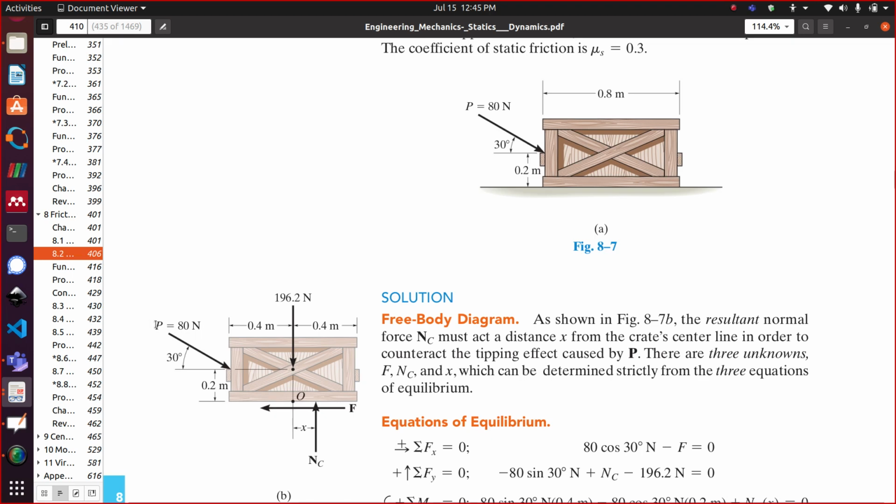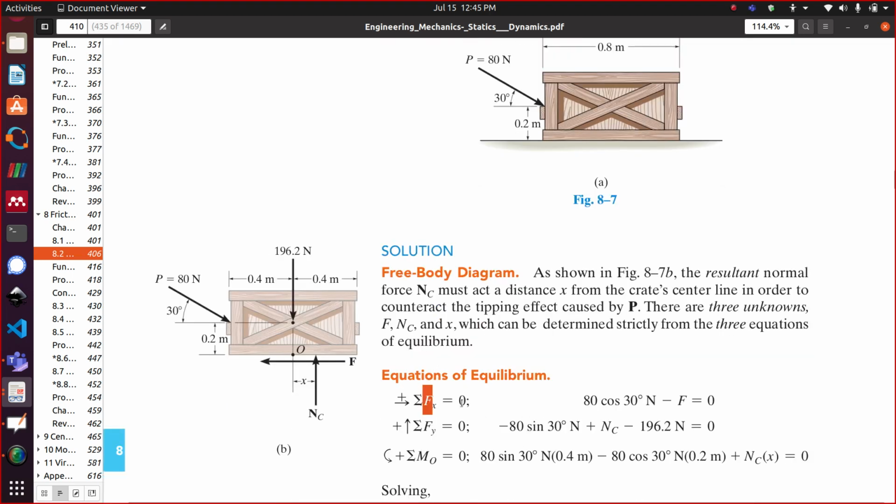External forces are: you have external force P, 80 Newton, on the box at an angle of 30 degrees, and you have the normal force from the surface acting on the object, and you have the frictional force F, which is obviously in the tangential direction, the direction of the surface, and you also have the weight mg.